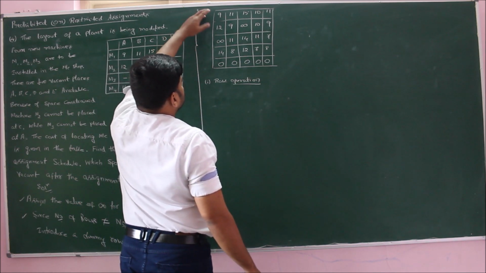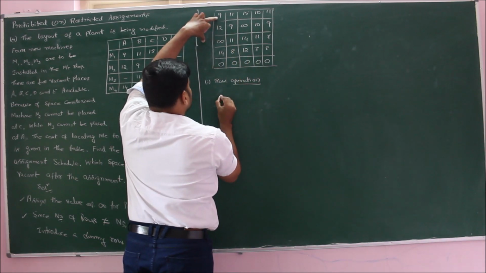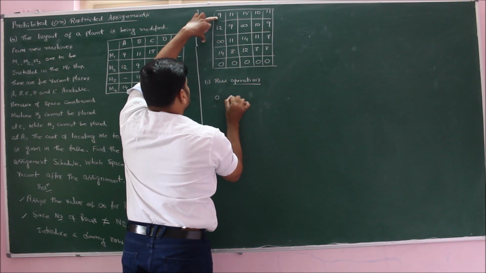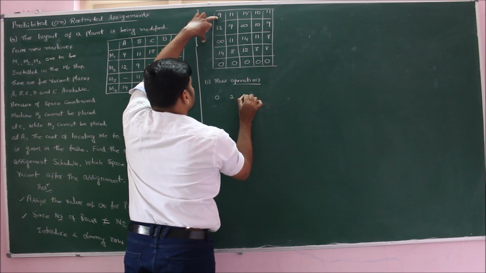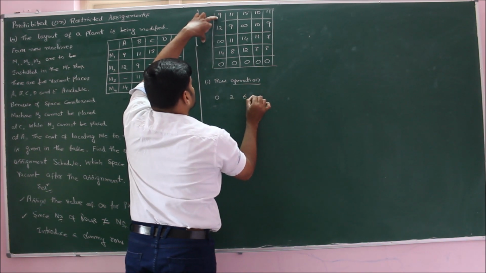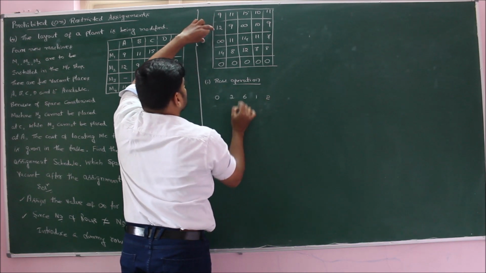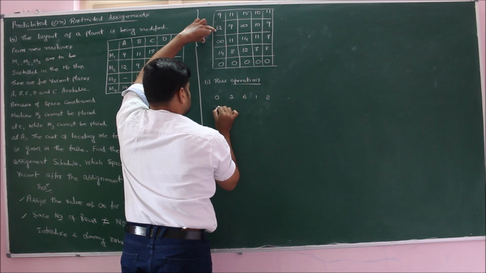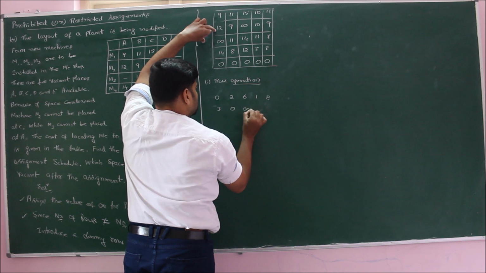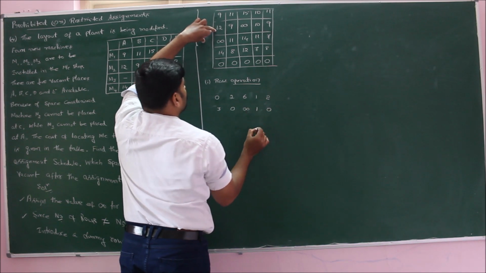In row 1, the least value is 9, so subtracting 9 from all the values, we have 9 minus 9 is 0, 11 minus 9 is 2, 15 minus 9 is 6, 10 minus 9 is 1, 11 minus 9 is 2. In row 2, the least value is 9, so 12 minus 9 is 3, 9 minus 9 is 0, infinity minus 9 is infinity, 10 minus 9 is 1, 9 minus 9 is 0.